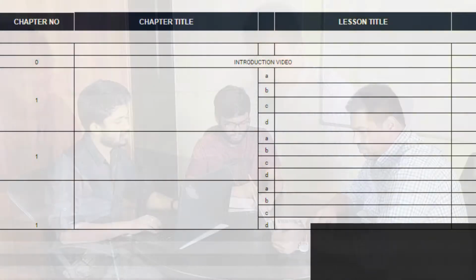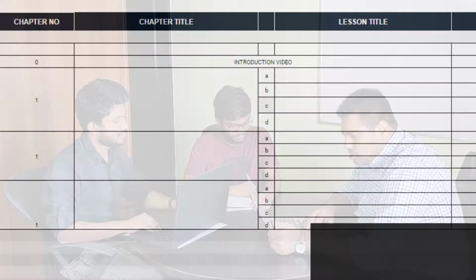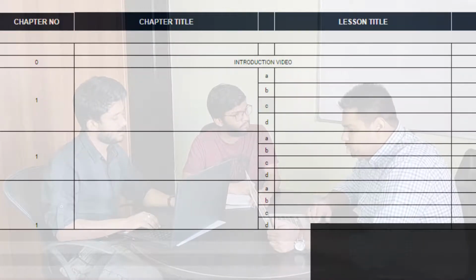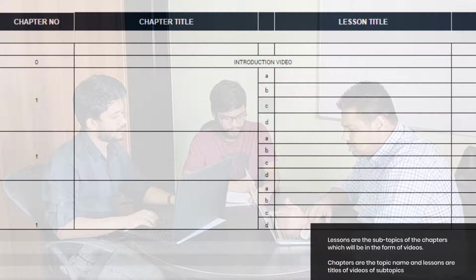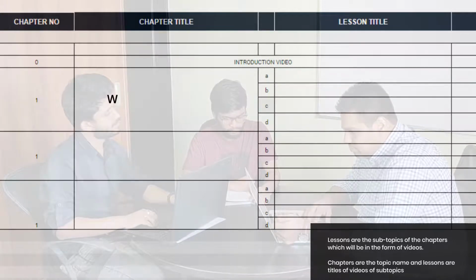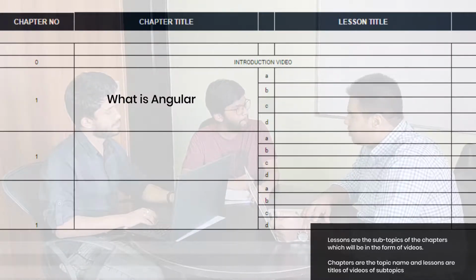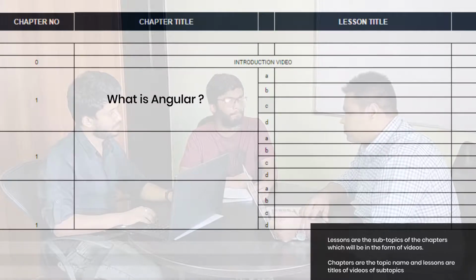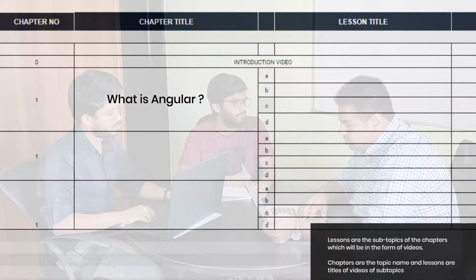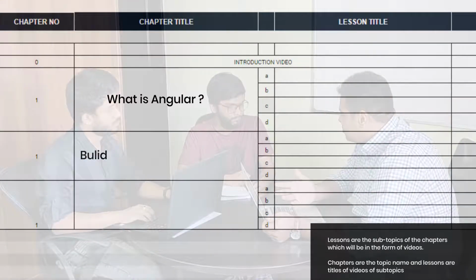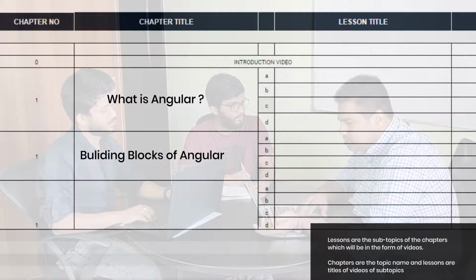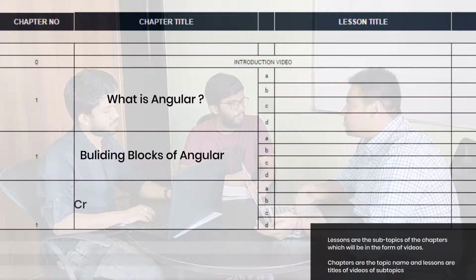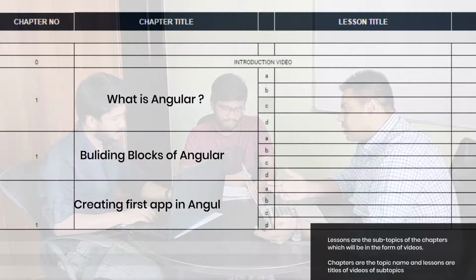Okay. Let me give you an example. Let's say you are creating a course in Angular. Your first chapter title can be what is Angular or Angular overview. The second chapter could be building blocks of Angular, right? And the third chapter could be creating first app in Angular, right?